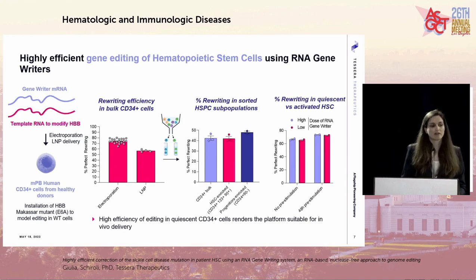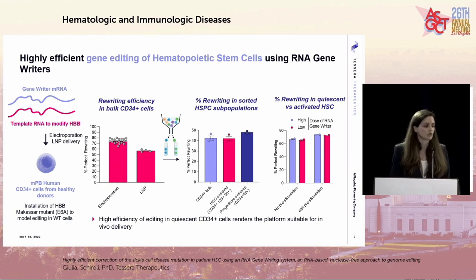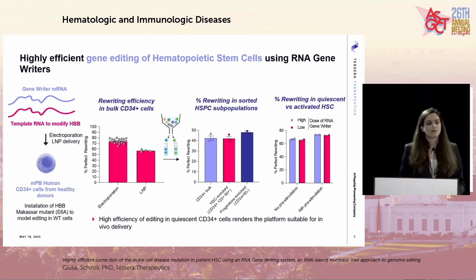In fact, we can obtain a similarly high efficiency of editing either if we culture the cells for 48 hours in cytokine-rich media, as has normally been done for gene editing or gene therapy applications, or if we don't pre-stimulate the cells at all, rendering our platform very suitable for an in vivo delivery approach.